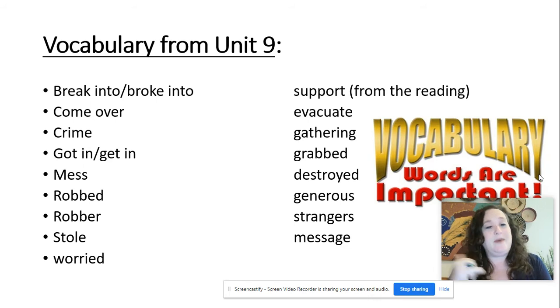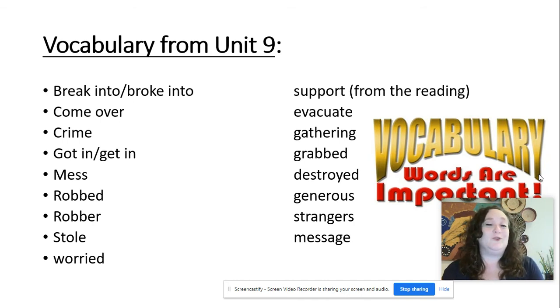G-O-T. It's past. Get in is present, get in. Okay, the 5th word is mess. Do you know the word messy? What about your house these days? You are staying home all the time? Is your house messy? Okay.